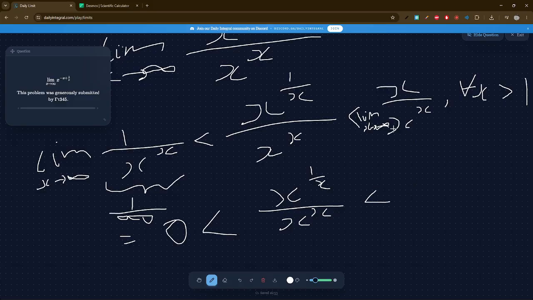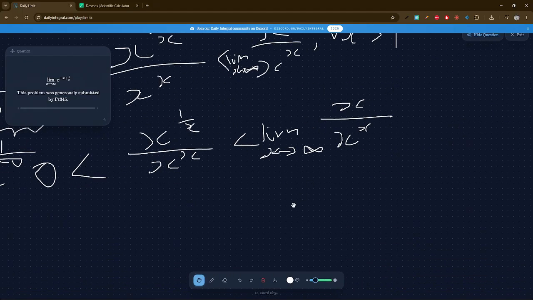We still have this to worry about: the limit as x approaches infinity of x over x to the x. Yeah, x to the x. A lot of x's.